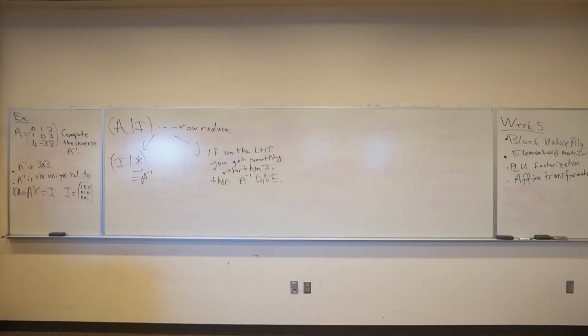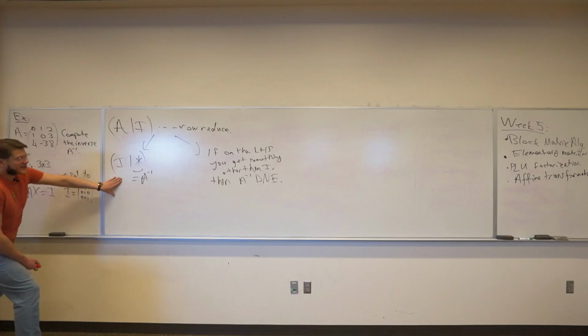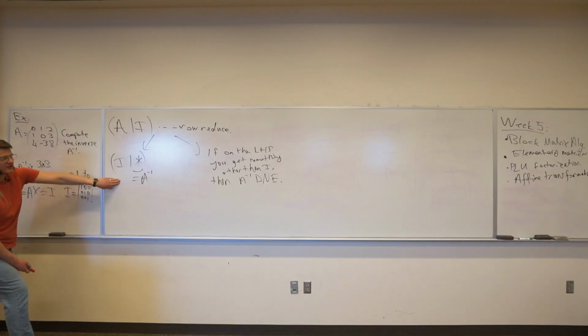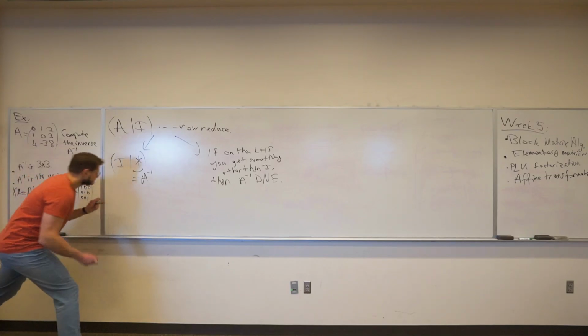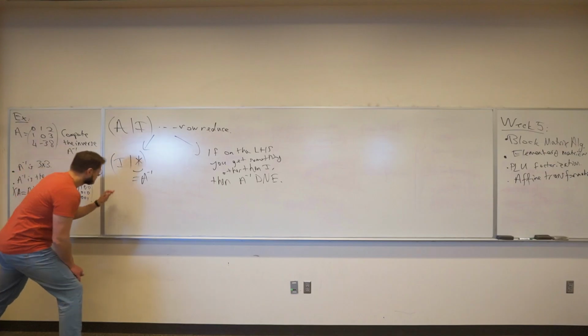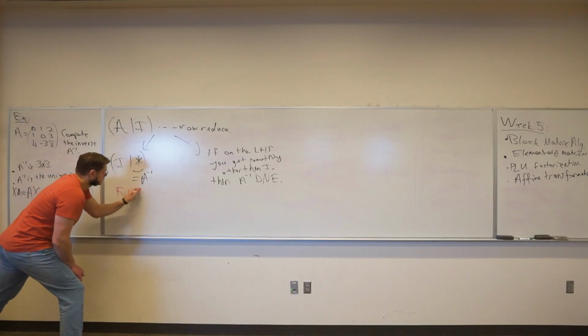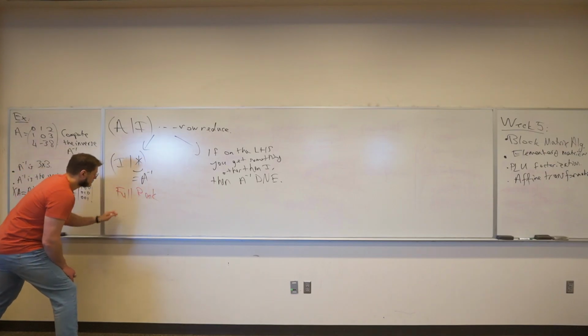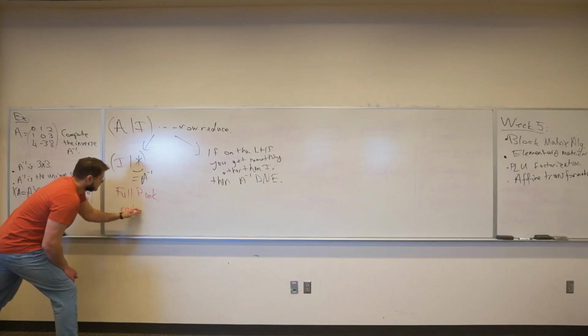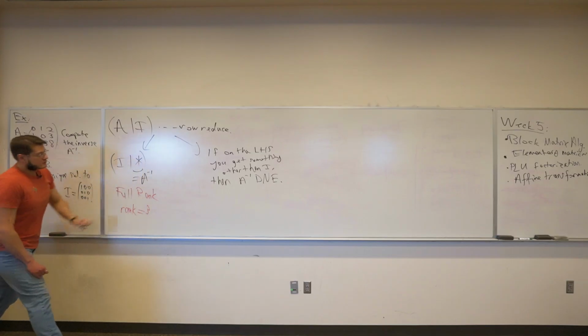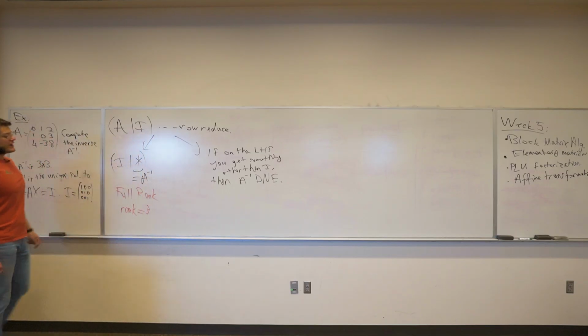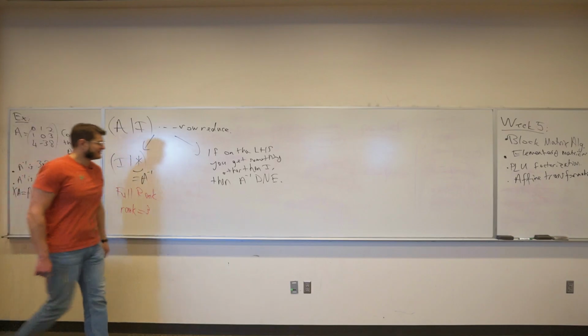These are the two cases. This is the case when the rank of A is 3, so A is full rank. This is the case when A is not full rank, in other words, rank is less than 3.